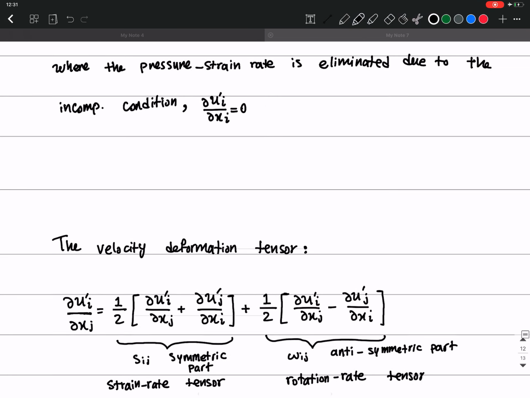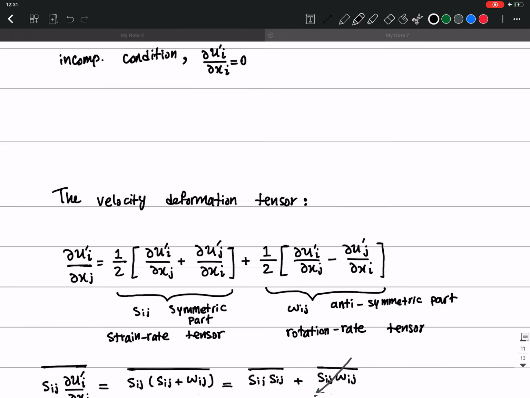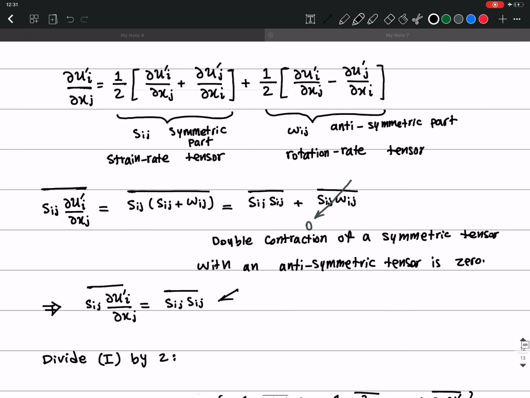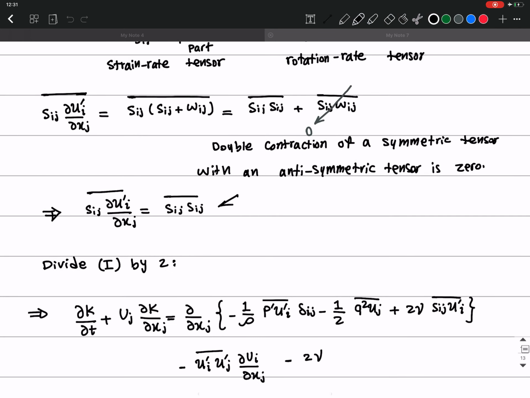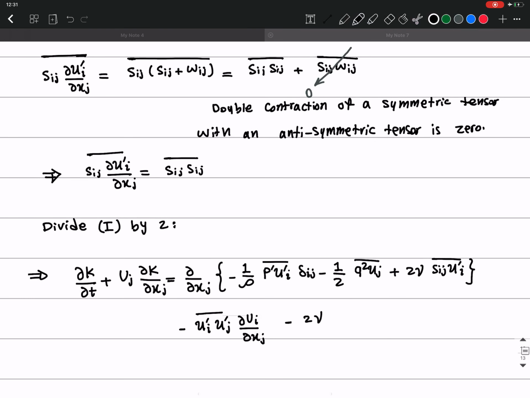Instead of the last term, I can just write Sij Sij bar. It's going to be minus 2 nu Sij Sij bar.